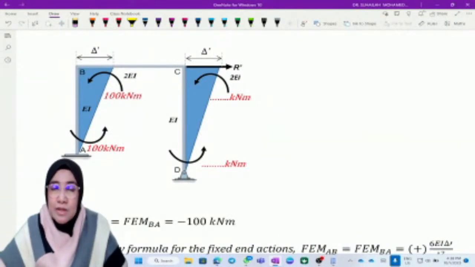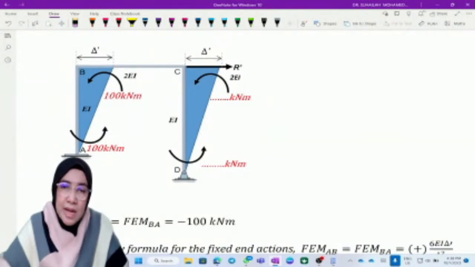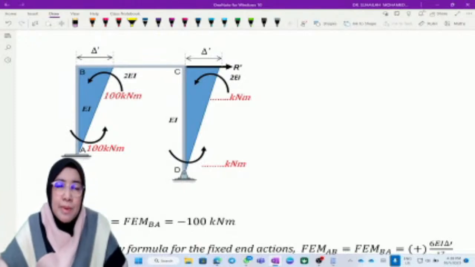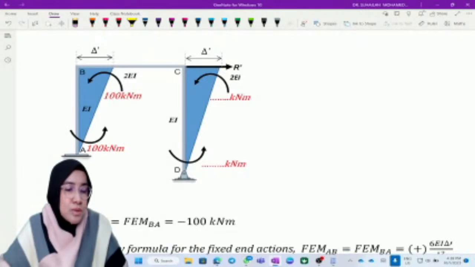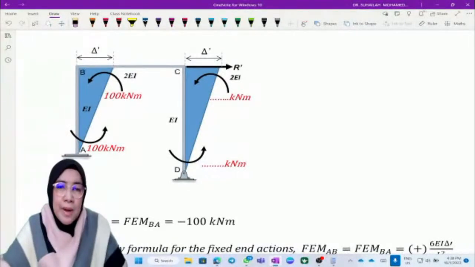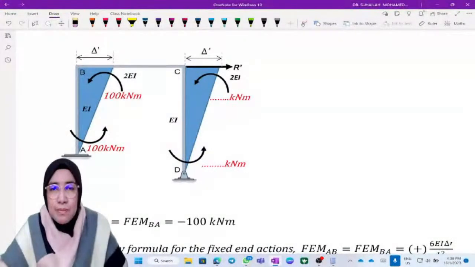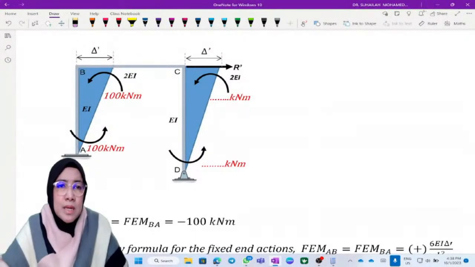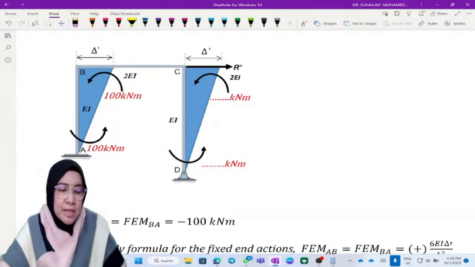If the frame tends to sway to the left direction, then we have to put R prime in the other direction. So this is R prime. Due to R prime, there will be delta prime, and the moment will be labeled as M prime as well.